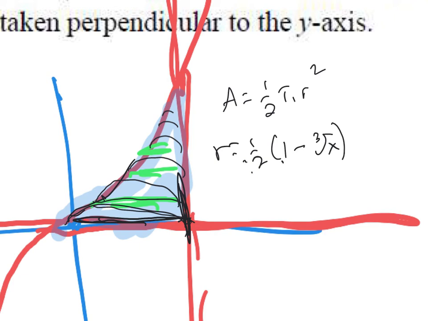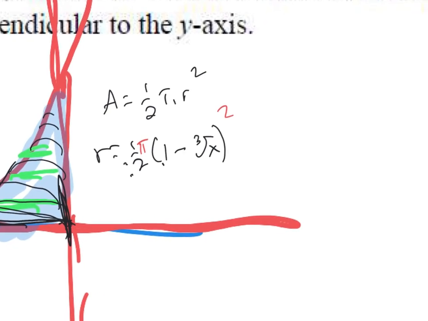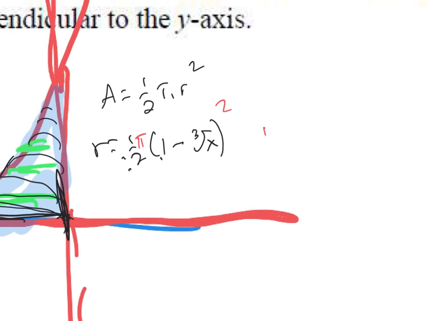So I have 1/2, I forgot my pi, r squared. The limits are the same. Volume will be the integral from 0 to 1 on the y-axis. Pi over 2 can just factor out, and I'm going to take the 1 minus cube root of y squared.